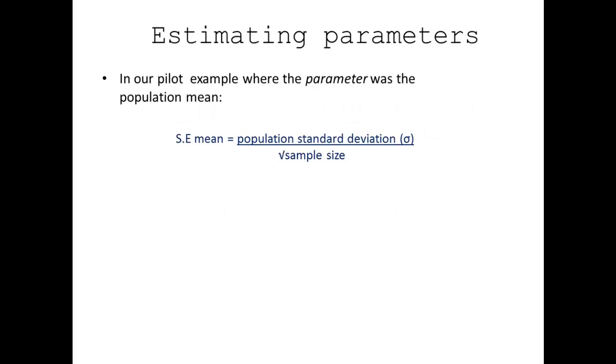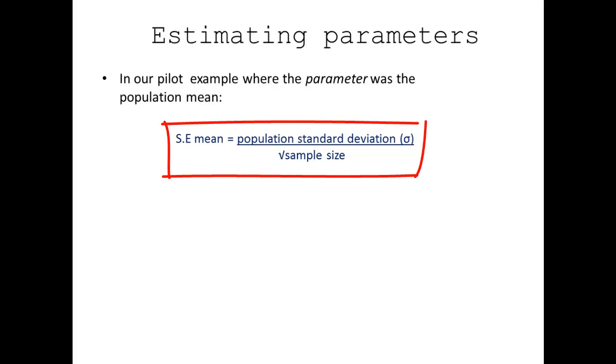In the example we showed where we were interested in the population mean, it can be shown that the standard error is equal to the population standard deviation, often abbreviated sigma, divided by the square root of the sample size. So the n in the denominator reflects what we saw before, that the larger the sample size, the n, then the smaller the standard error, the better the estimate.